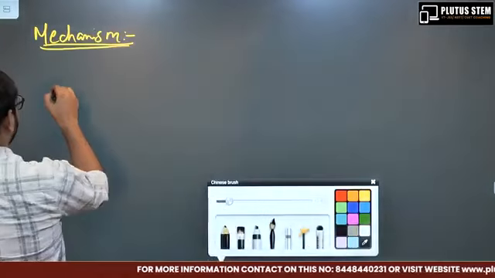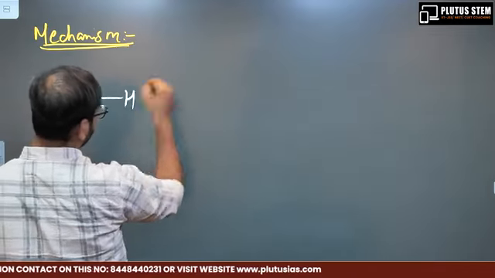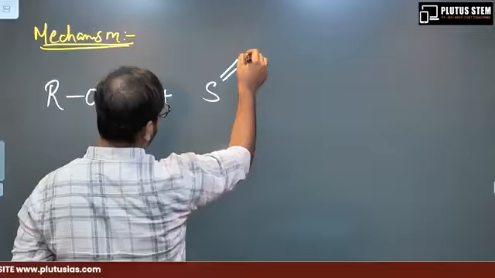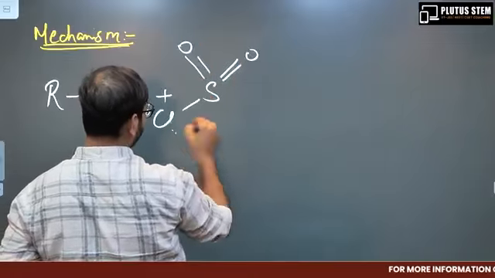So first, if you have alcohol here, ROH, it will react with S=O, Cl.